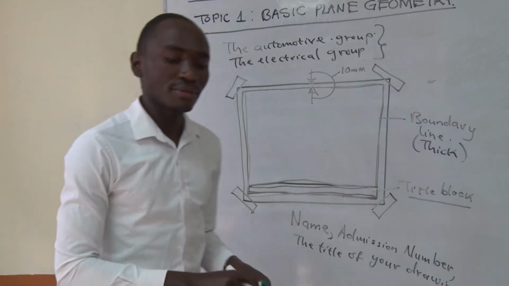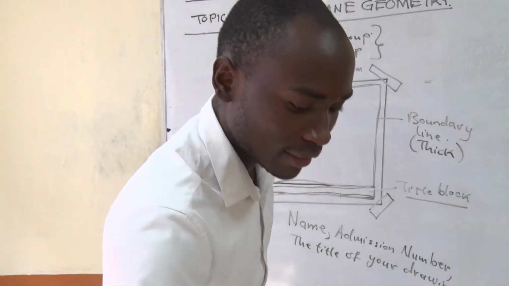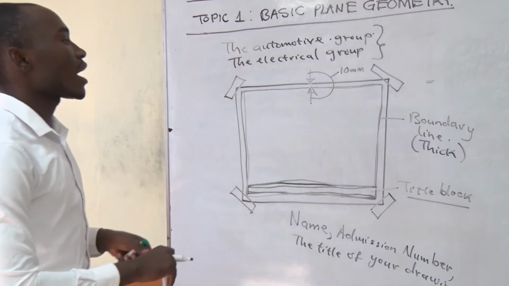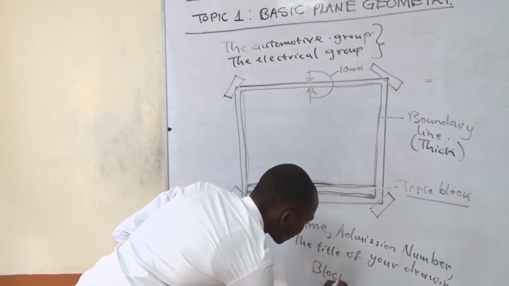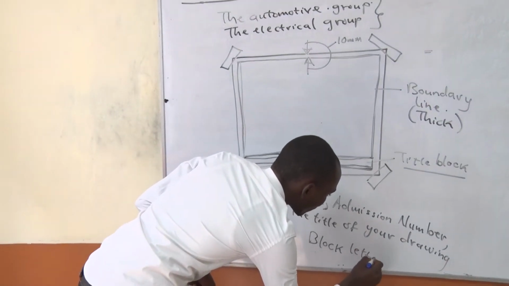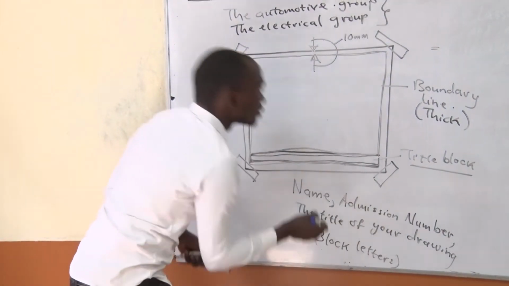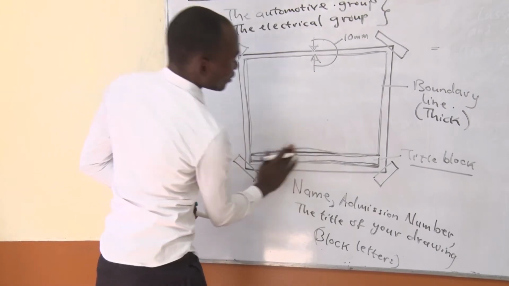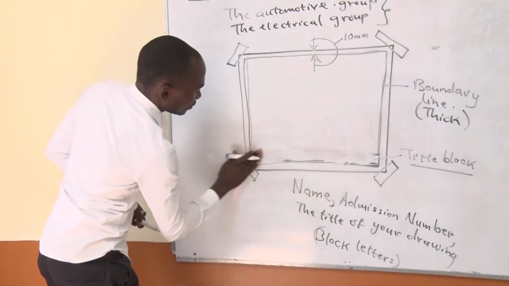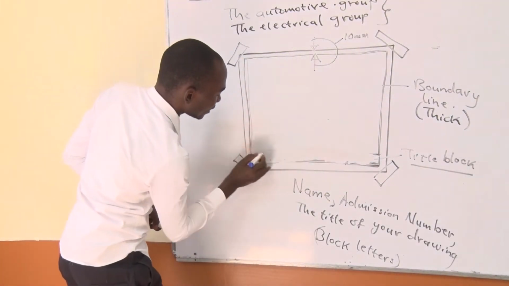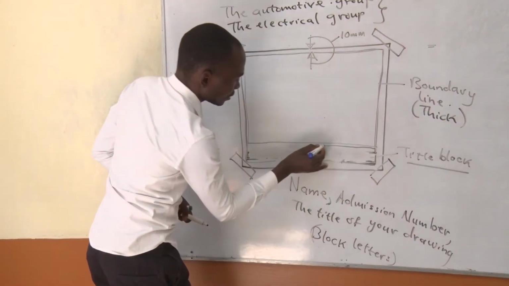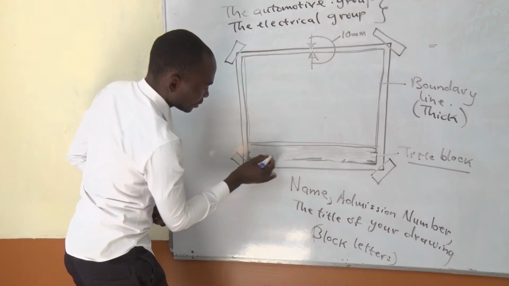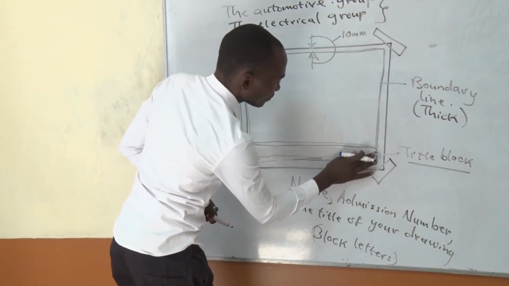And when it comes to writing in that particular title block, you have to use block letters. So for instance, if this is your title block, let's say it looks like this.